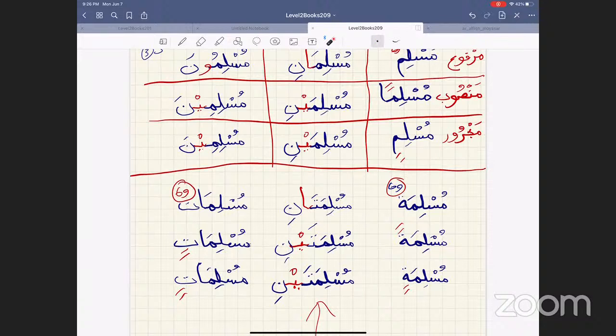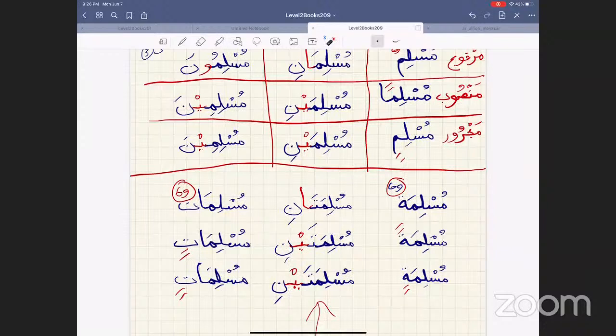When we go to mansub, this is why it's tricky. Muslimat has now 2 kasras: muslimatin. So depending on what it's doing in the sentence, if it is maf'ul bihi or so forth, then we would say it's mansub with a kasra. Normally, kasra shows us that a word is majroor.